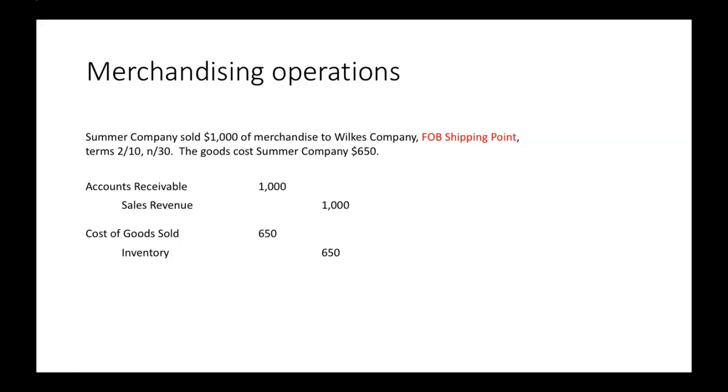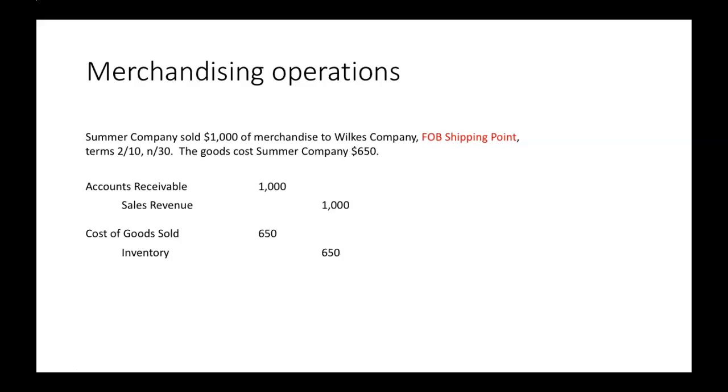FOB shipping point says that the transfer of ownership happens at the point of shipping. So then it's the buyer's responsibility. The buyer has to pay for shipping when it's FOB shipping point.